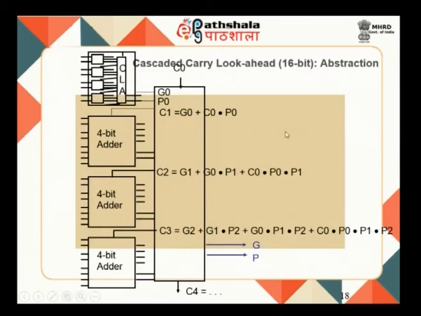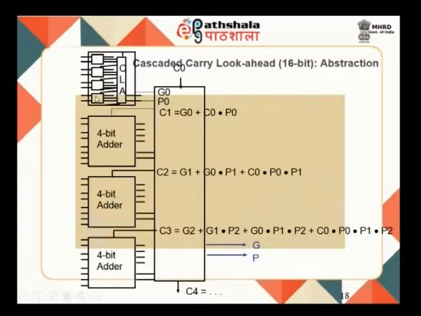Now, that is one option of practical implementation. The other option is a cascaded carry look ahead adder. This is at a more abstract level, where the multiple adder units that we talked about, your 4-bit adder or an 8-bit adder, can be treated as a single block, and we talk about the carry look ahead principle being applied at higher levels also.